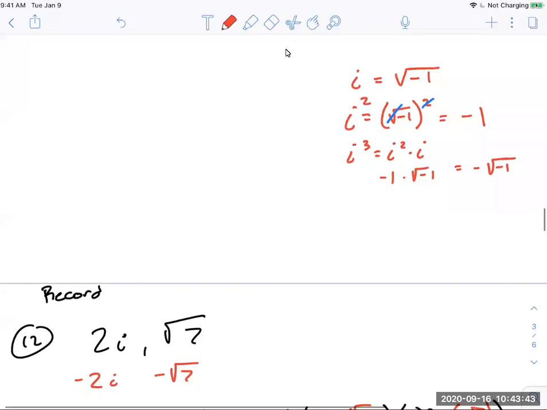Don't worry, it's not going to get confusing at the very end. You'll see the pattern. As soon as I go to i to the 4th, that just means i squared times i squared, which is negative 1 times negative 1, which is just 1.